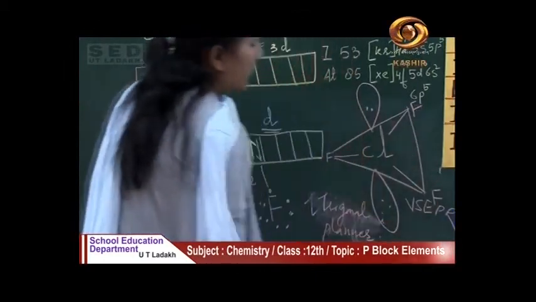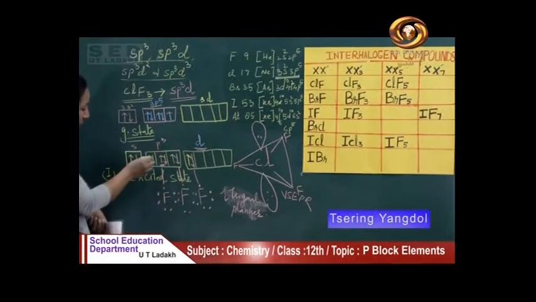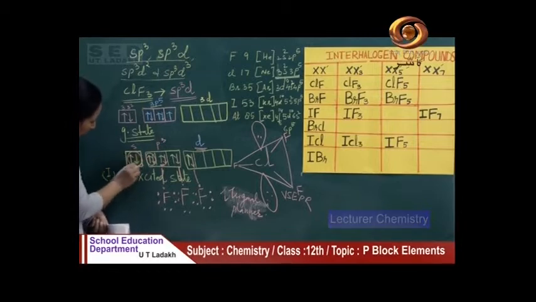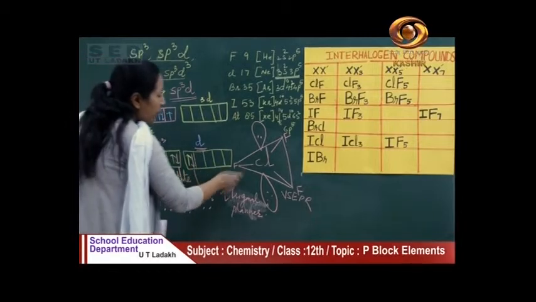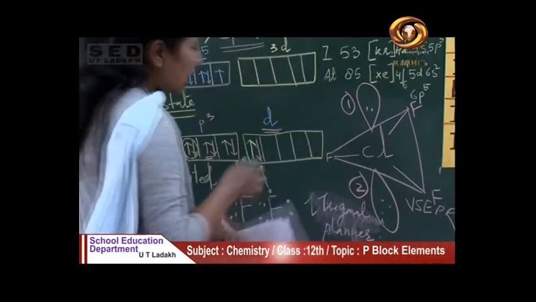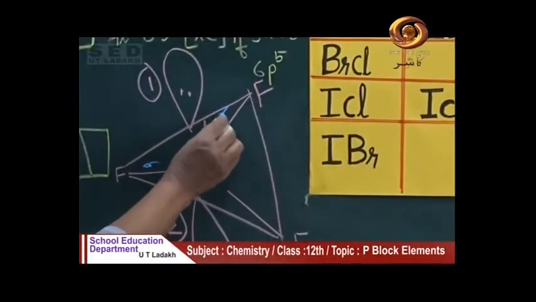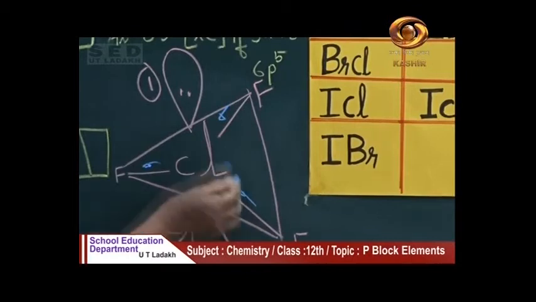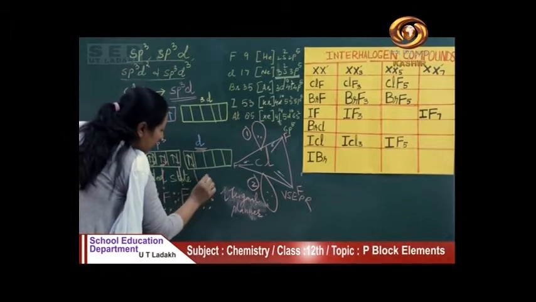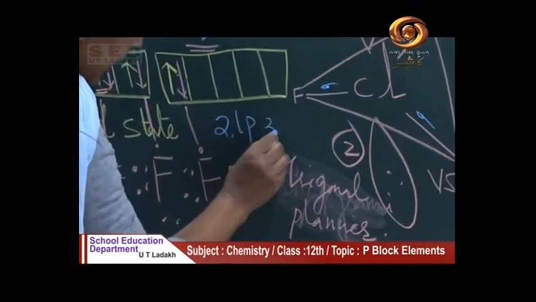This is due to the presence of these 2 lone pairs. This structure has 2 lone pairs and 3 bond pairs. This is 1 sigma bond, another sigma bond, and the 3rd sigma bond. I will write here, it has 2 LP, LP stands for lone pair, and 3 BP, BP stands for bond pair.